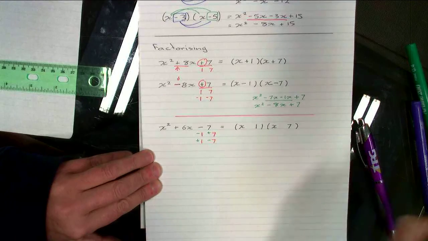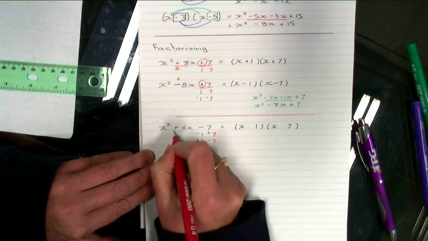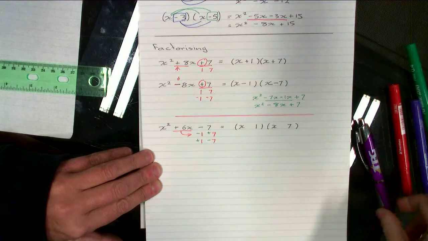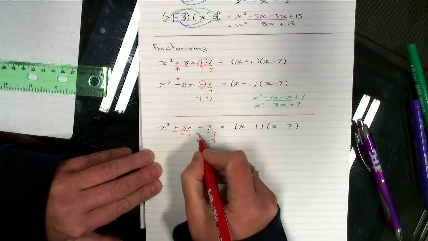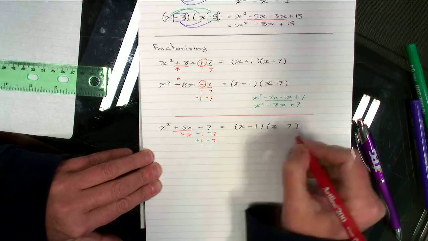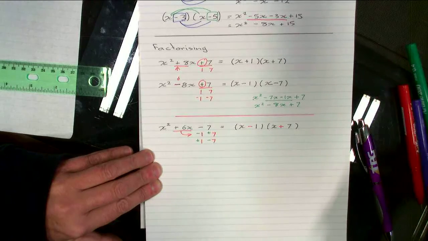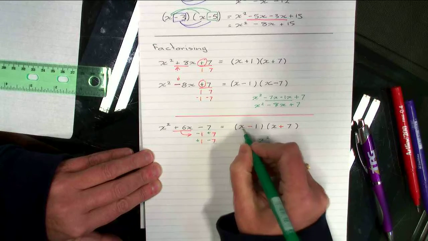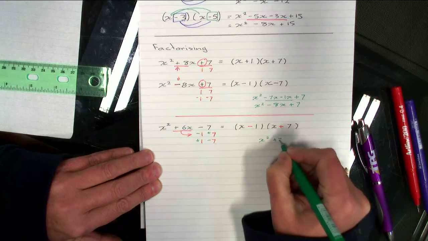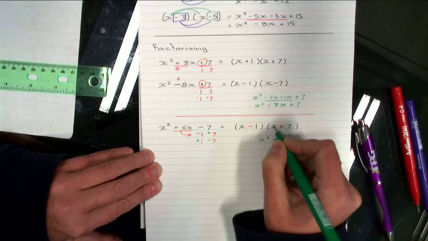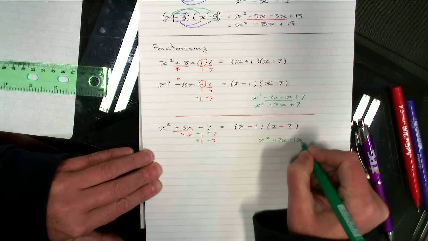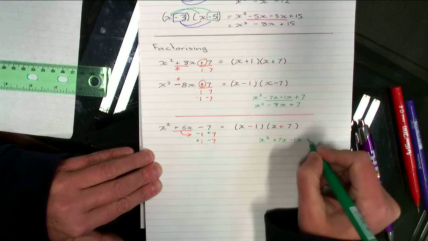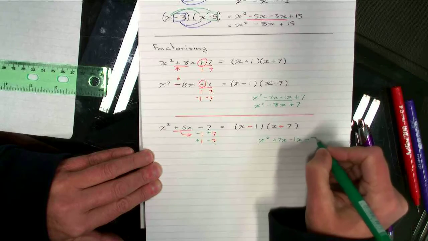So now we know that to get this, we must have this set of factors. So we now have minus 1 plus 7, minus 1 plus 7. So to check that out, x times x is x squared, x times plus 7 is plus 7x, minus 1 times x is minus 1x, minus 1 times plus 7, minus times a plus is a minus, 1 times 7 is 7.